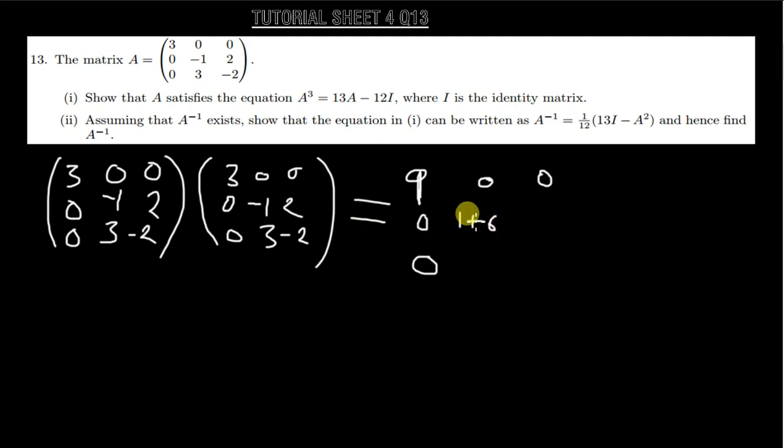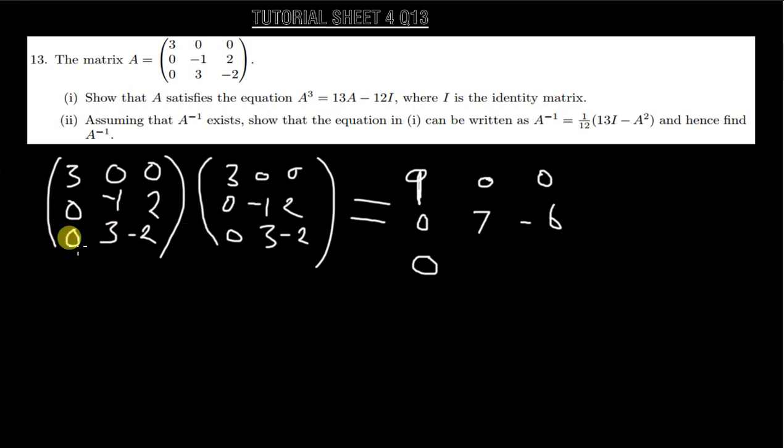So when I add 1 plus 6 there, I'll get a 7. So I'm putting a 7 there. I move on to the last column there. So I'm going to have 0 times 0, 0, negative 1 times 2, I'm getting negative 2. And then 2 times negative 2, I'm getting negative 4. So when I add the 2, I'm getting negative 6. So instead I'll just write negative 6 there.